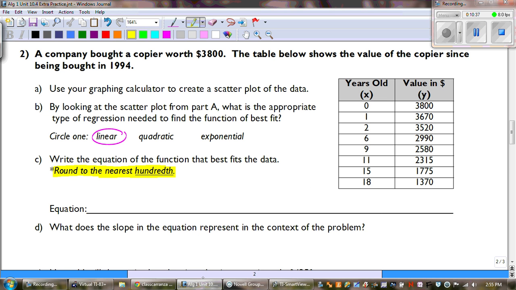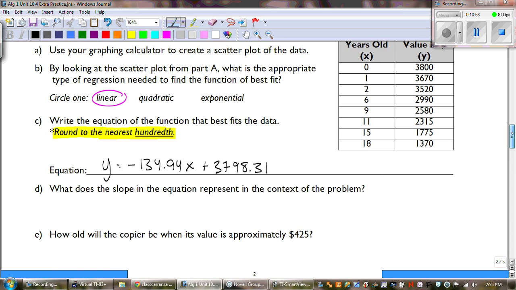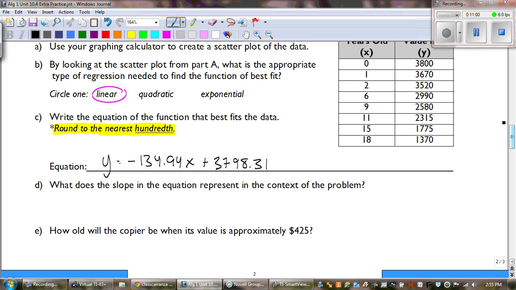Okay, so your equation, rounded to the nearest hundredth, y equals negative 134.94x plus 3,798.31. So, what does the slope represent in this equation? There's our slope.